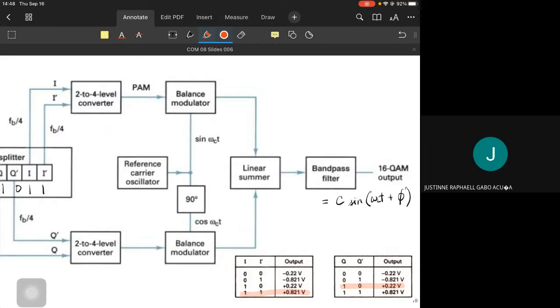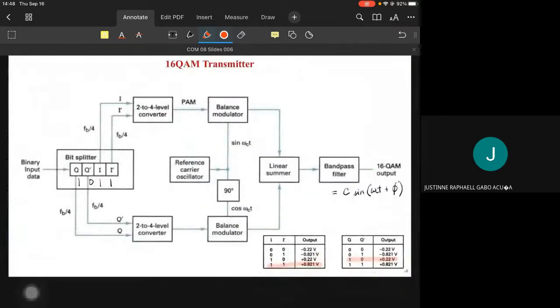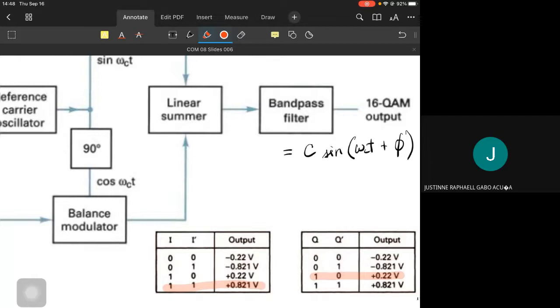Basig tangent A over B imong nagamit. So, B over A siya. Well, swerte ta because both positives, no? Positive si A ug si B. So, di na kinanglan A plus 180 or plus 360.